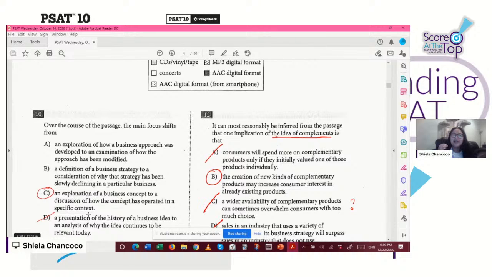So for these type of questions, I like to actually do these last because it's more of a main idea. If you caught onto it pretty early on as you read, then great. But if you didn't, and if you have no idea where it shifted, I would put this on the back burner and try to answer it later.